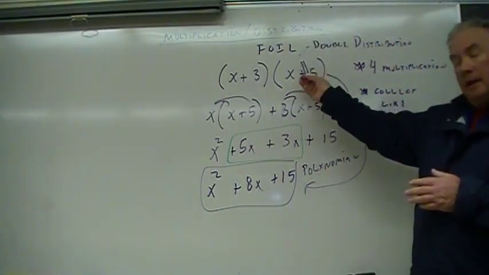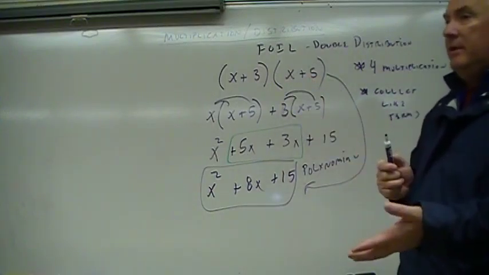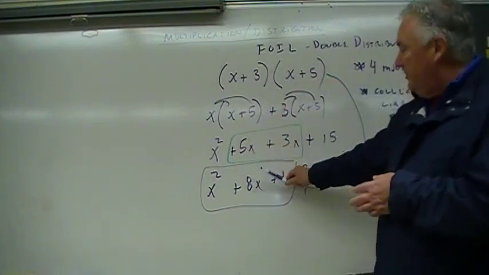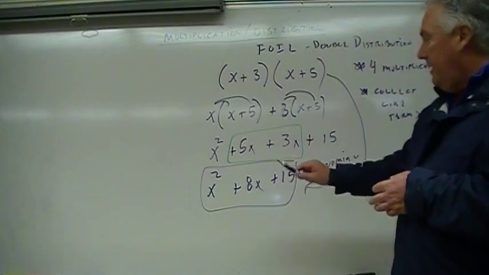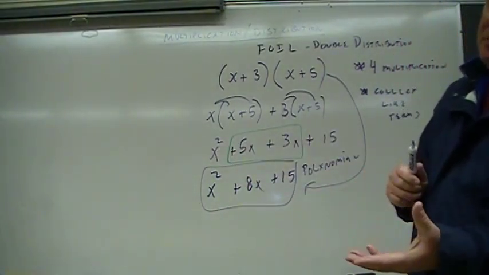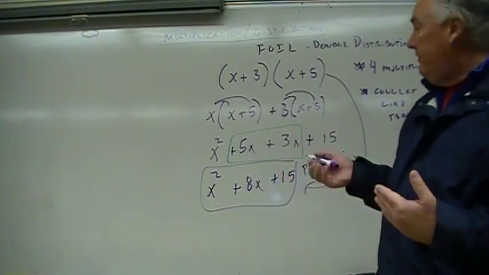We call it foiling. So when you hear your teacher in the future say, FOIL this, or we're going to FOIL now, you're multiplying, it's double distribution, 4 multiplications there. It's important to show this step, I think, because sometimes teachers might give you partial credit. It's also helpful for yourself to see if you made a mistake.